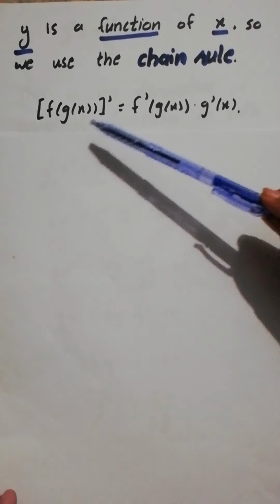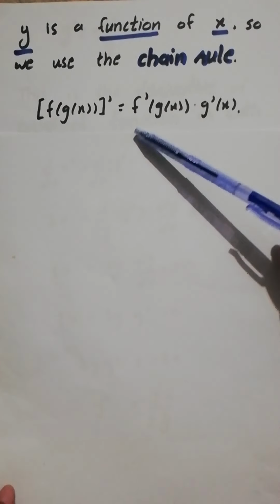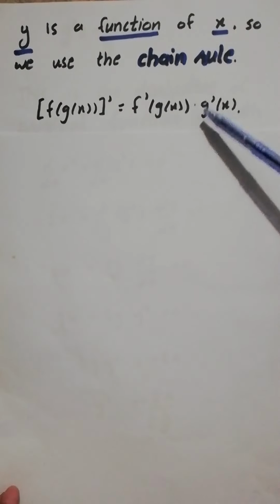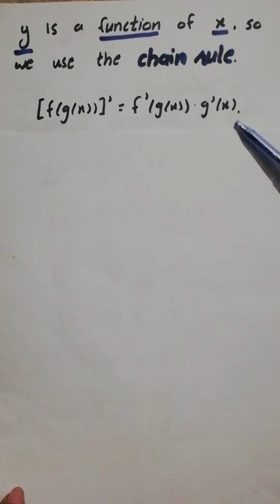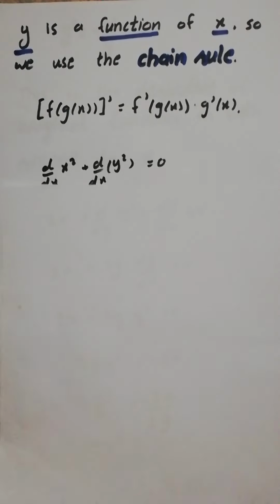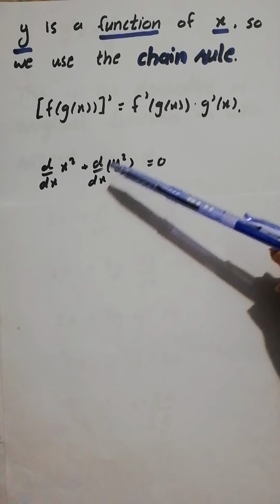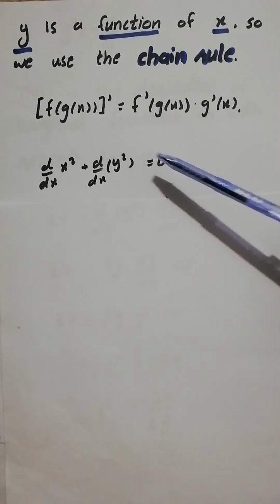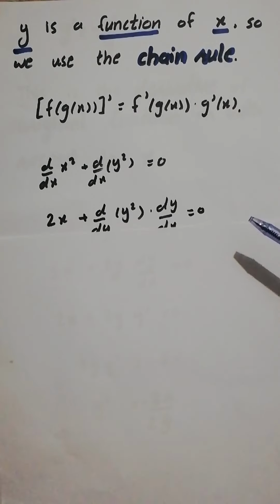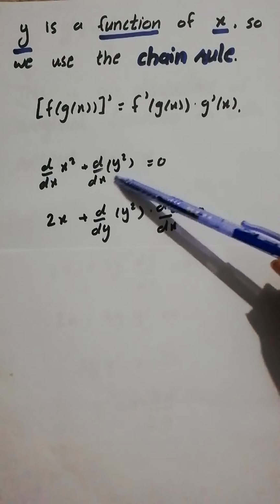The derivative of f of g of x is equal to f prime of g of x times g prime of x. And we imagine f of x raised to the second power here, d by dx of x squared plus d by dx of y squared is equal to 0. Here we will use the chain rule.